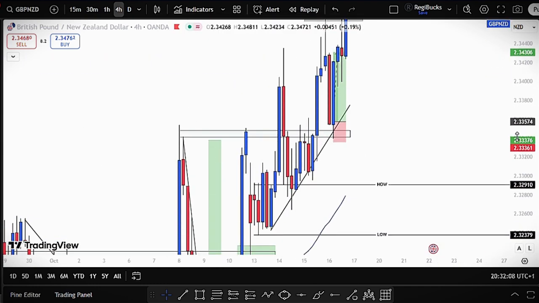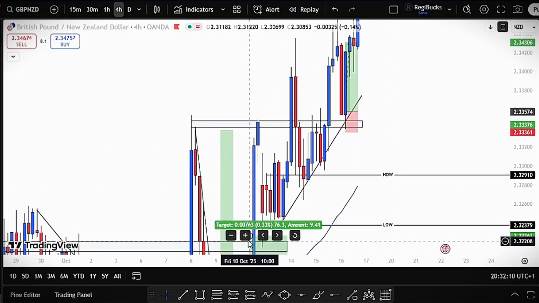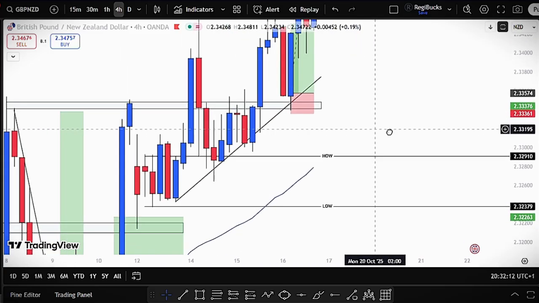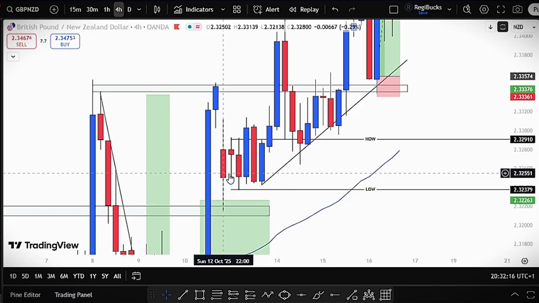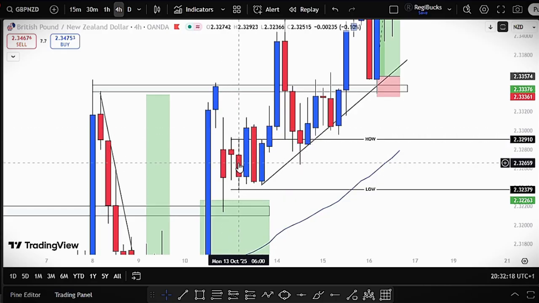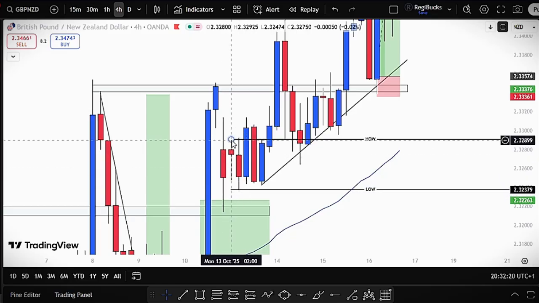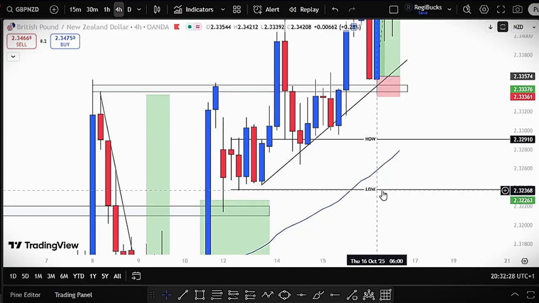This is the 4 hour time frame now. The first two candles on Monday, you see this is Sunday, Monday, the first two candles on Monday, you mark the highest point. This was the highest point of these two candles. And then the low, this was the lowest point of these two candles.